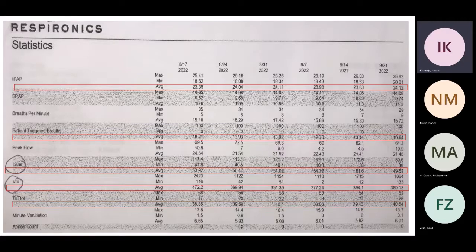Let's say that they generated on average 16 breaths per minute for that week, for example. 18% of them are patient triggered, and the rest is machine triggered. So that means their respiratory rate drops below the rate that you opted to have them on, and the machine is kicking in.